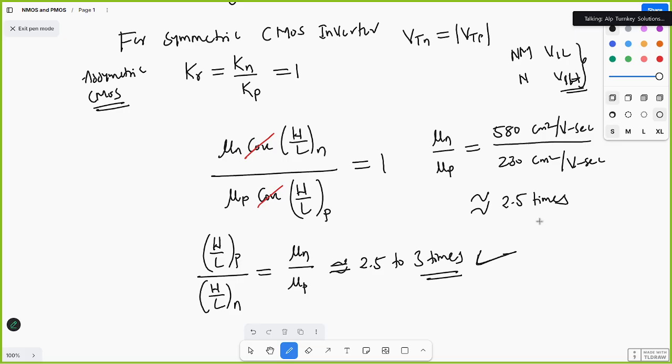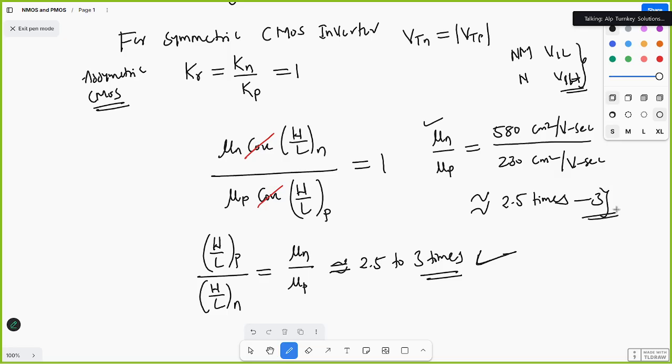Give response. Yes, sir. Understood? Okay. For conclusion, the mobility of electrons is greater than the mobility of holes. The value is constant: mu n is 580 cm squared per volt second and mu p is 230, so you get around 2.5 to 3 times.